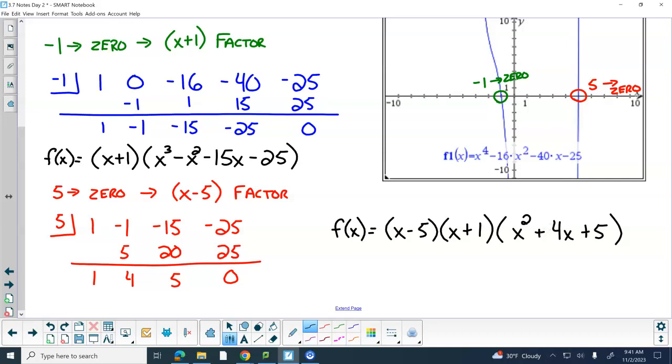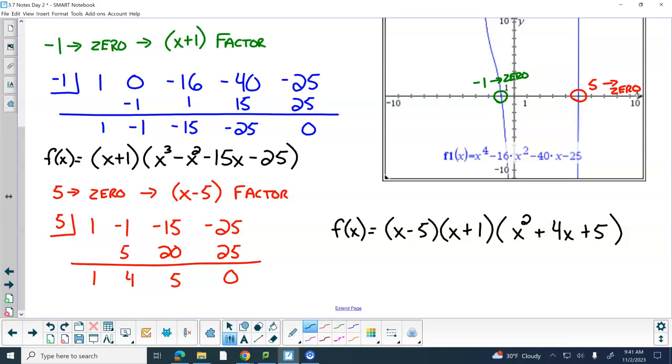Two numbers that multiply together to be positive 5 and add to be positive 4. 5 and negative 1 multiply together to be negative 5. How do I know, based off of my graph, that there's not any?